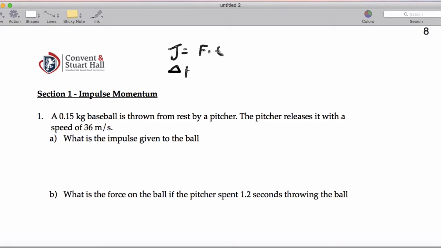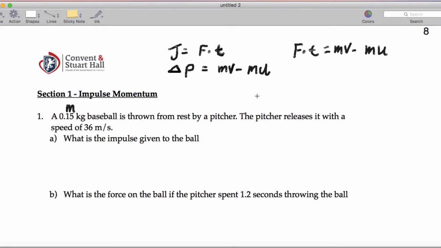And the change in momentum is the final momentum minus the initial momentum. And because these two quantities are equivalent, meaning that an impulse acting on an object gives rise to a change in its momentum, we can actually calculate the impulse acting on an object based on its change in momentum, which is exactly the case in A.